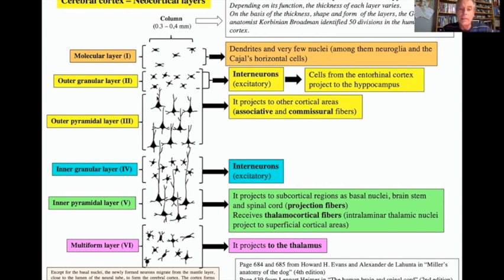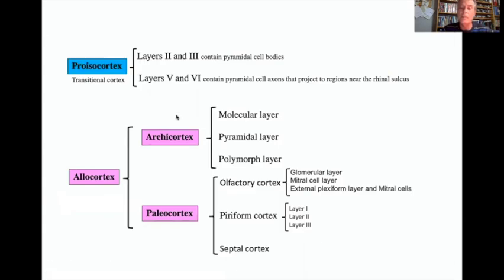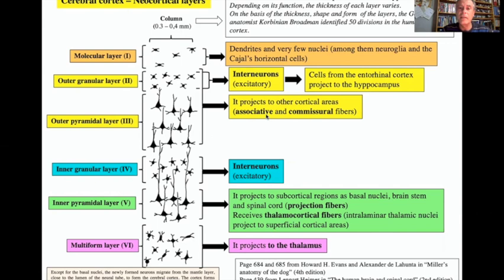So, and then we have a pyramidal layer, that is the outer pyramidal layer, formed by neurons that project to cortical areas that, in particular, form associative and commissural fibers. So the commissural fibers come from the outer pyramidal layer, okay? Then we have an inner granular layer formed by excitatory interneurons, right?